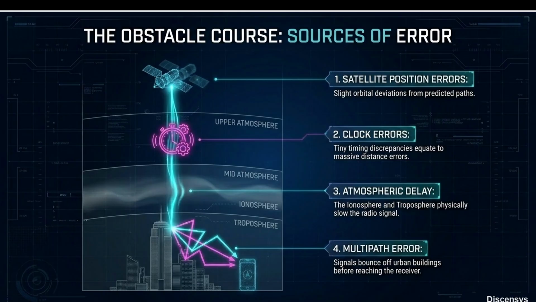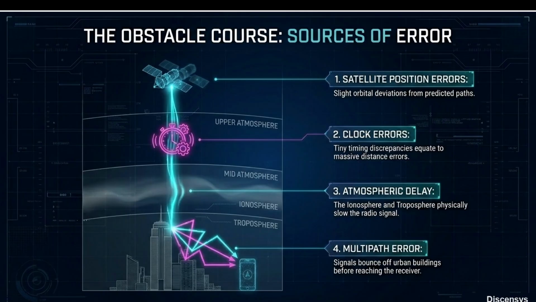And we have the ionosphere and the mesosphere, where these layers physically slow the radio signal. This is considered atmospheric delay. And we have the upper atmosphere, where there can be clock errors, tiny timing discrepancies that equate to massive distance errors.